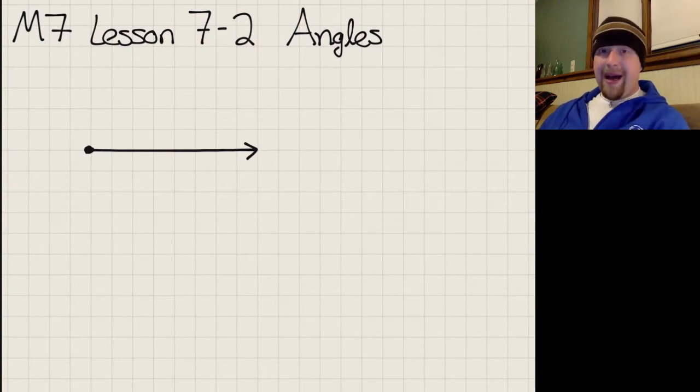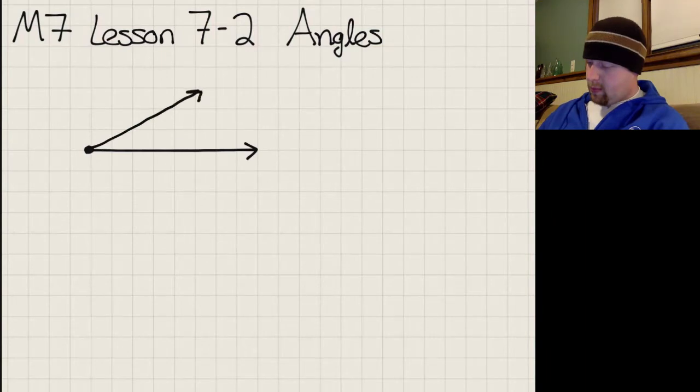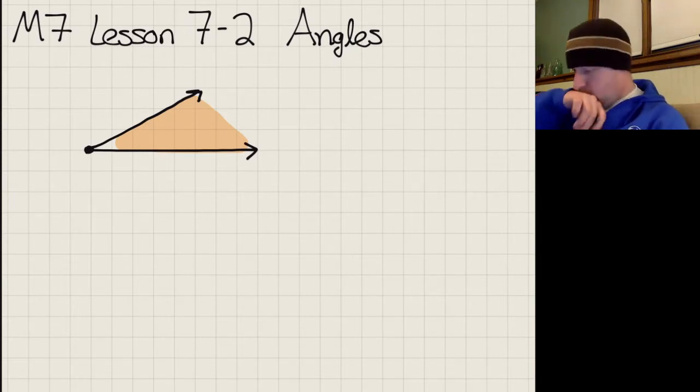If I were to join another ray at that same point, what is formed is called an angle. This area in between the rays is the angle area.